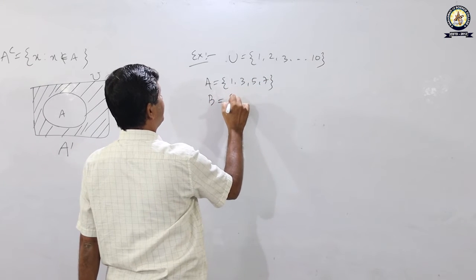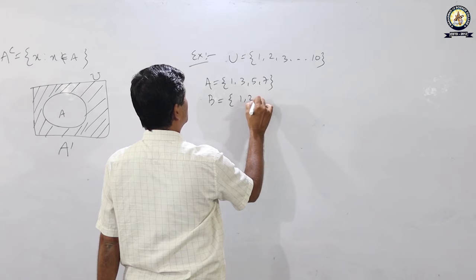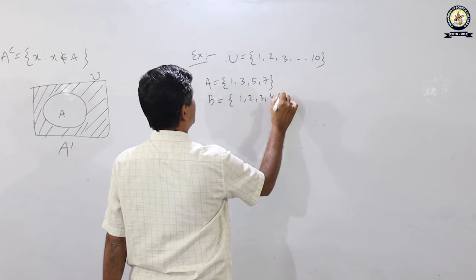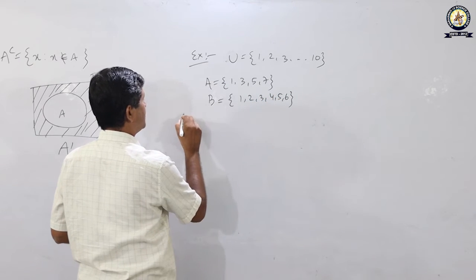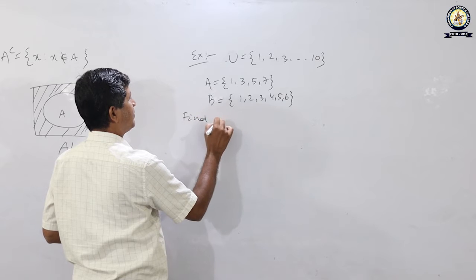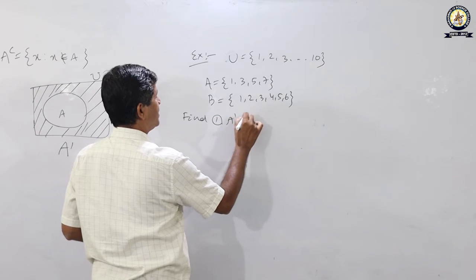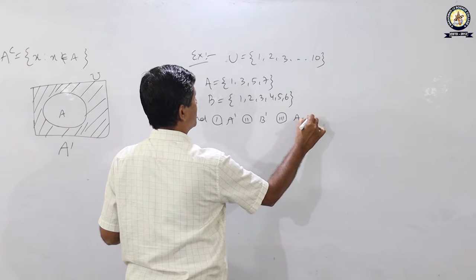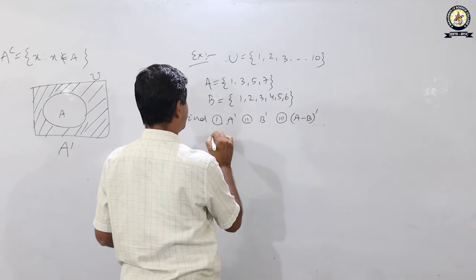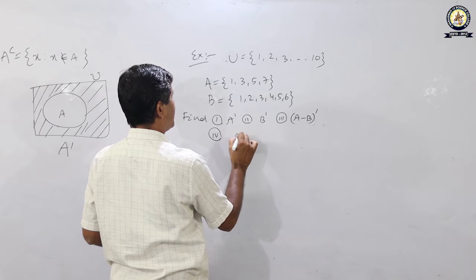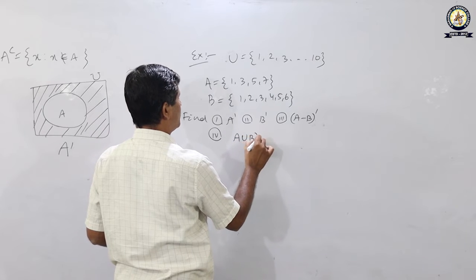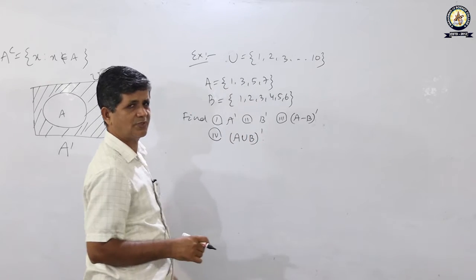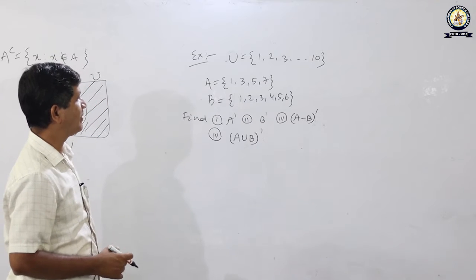Set B contains the elements 1, 2, 3, 4, 5, 6. Find first, A dash; second, B dash; third, (A difference B) whole dash; fourth, (A union B) whole dash. Now discuss this one by one.